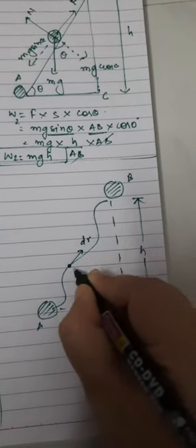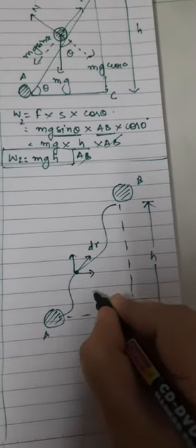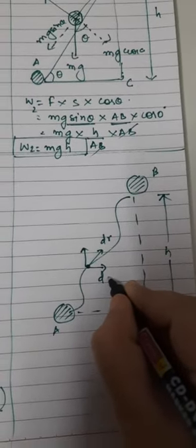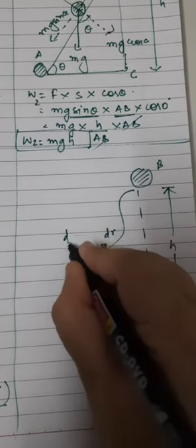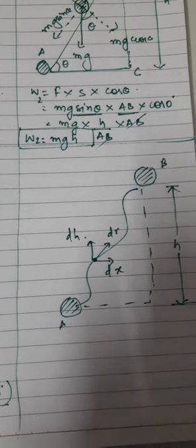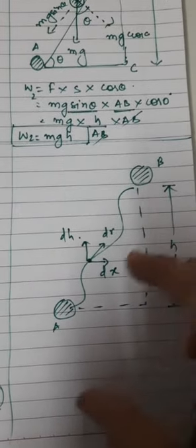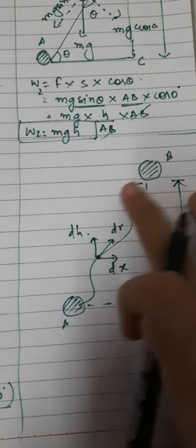The resultant displacement is made up of these two components.